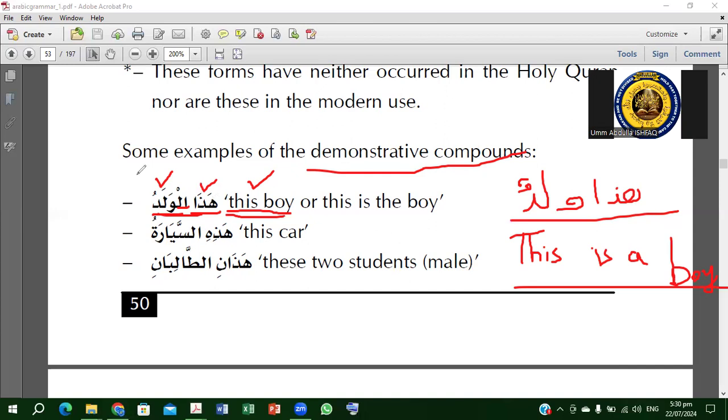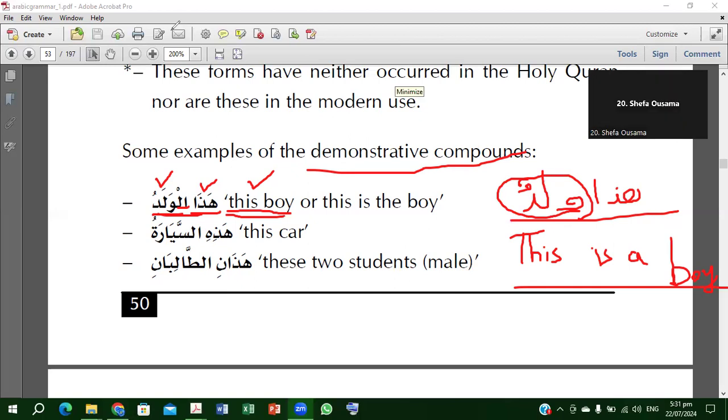But if haza is a proper noun and you make the next noun a common noun, it will become a sentence. Haza waladun, this is a boy. Any boy. Did you notice the difference? Is it clear for you, everyone?